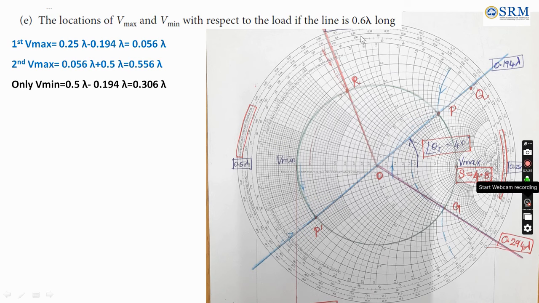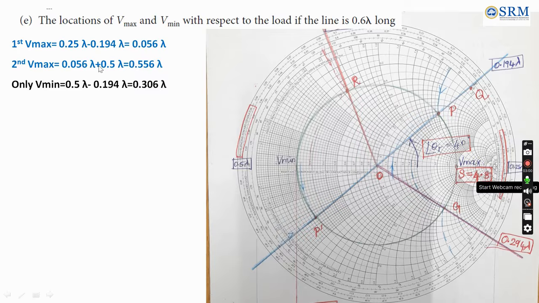0.794 lambda means what? We are rotating 0.5 lambda, a complete Smith chart one time, and 0.294 lambda next. So if you could see here from this point, if you move one time, we are crossing the Vmax and Vmin one time, right? Vmax once crossed, to reach this location, two times we crossed the Vmax.